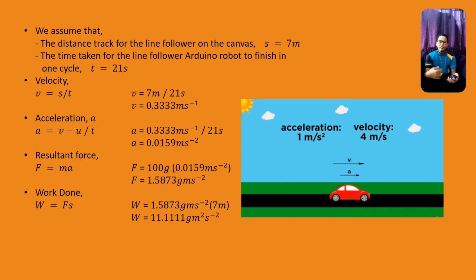So we will assume the distance tracked for the line follower on the canvas is s equals 7 meter. The time taken for the line follower Arduino robot to finish one cycle, t, is equal to 21 seconds. Therefore, the velocity v is equal to s over t, where v equals 7 meter over 21 seconds.